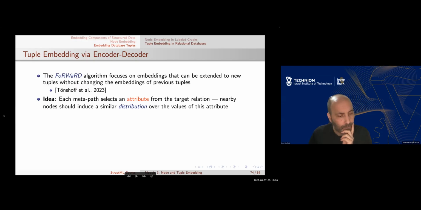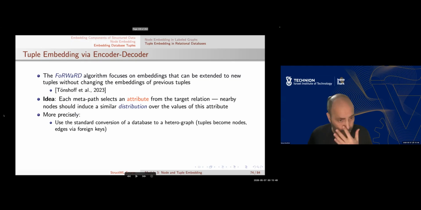And then what it gives you is basically that your random walks select values from this attribute. And then the intuition is that nodes or tuples that are similar should define similar distributions. And that's basically how you want to define your embedding, or that's basically your encoder decoder scheme.